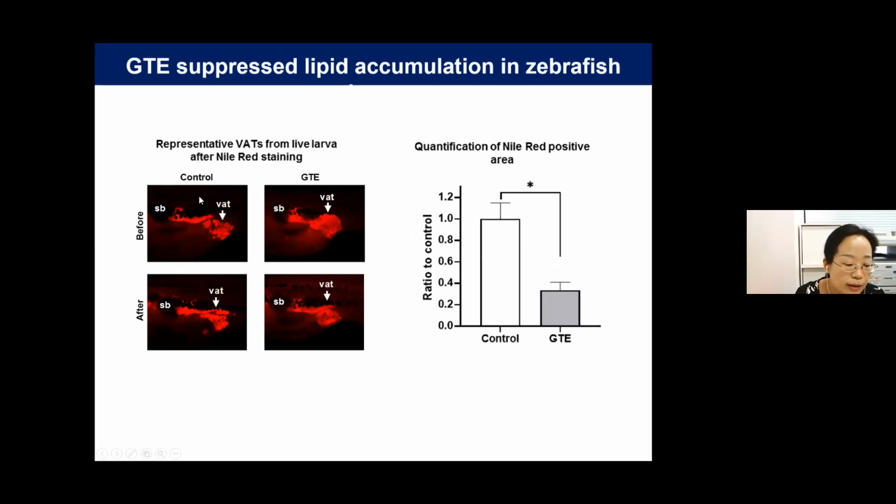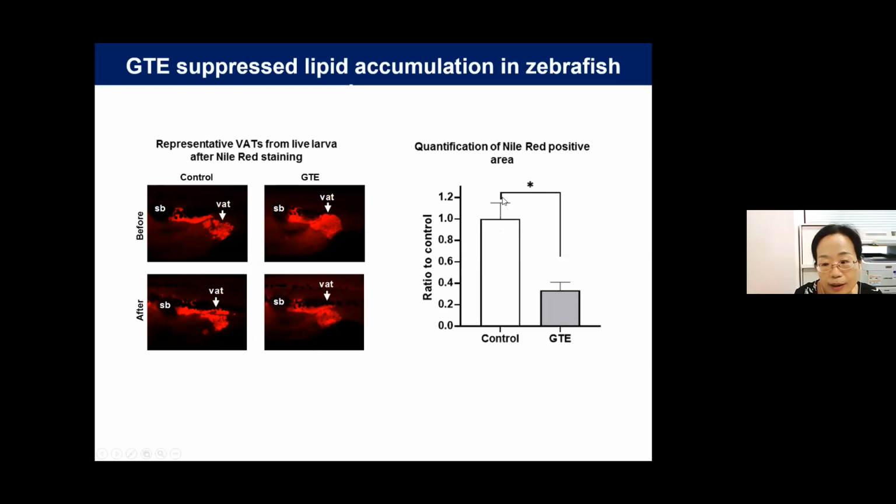You can see that 1 day of starvation induced a decrease in the VAT volume in the control group. This is the before and this is the after. And in the GTE treated zebrafish larvae, the volume of VAT showed a more remarkable decrease, quantified by a Nile red fluorescence signal.